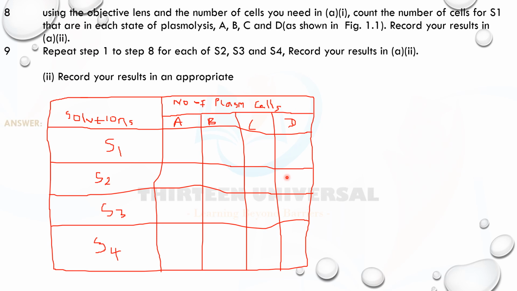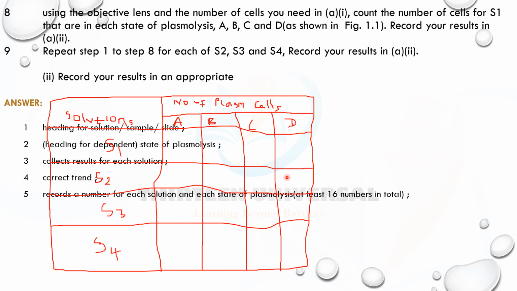Let's see what the mark scheme says you must have. You can see it says heading for solution or sample. So heading here, 1 mark. Heading for dependent variable, state of plasmolysis, number of plasmolized cells. Collect results for each solution. For each solution, I have a result. Put it there.